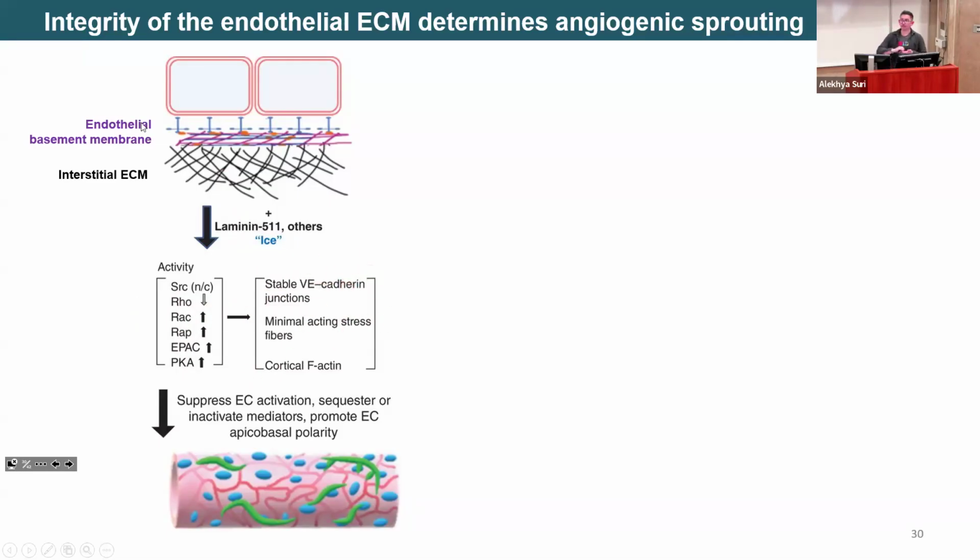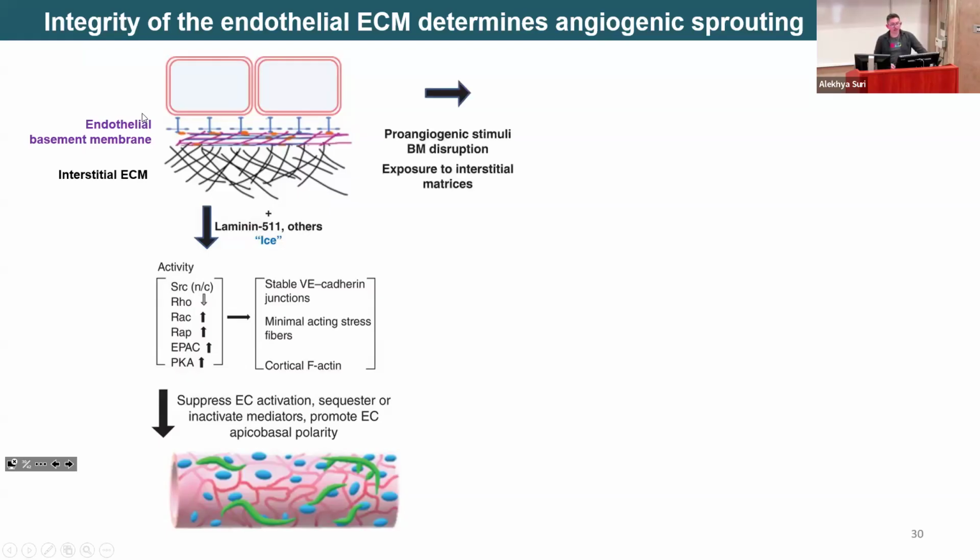They minimize the formation of stress fibers from the cytoskeleton and basically keep the cells in this sort of quiescent state, right? So these are chilling signals that are basically maintenance signals. They help maintain the integrity of the vessel.